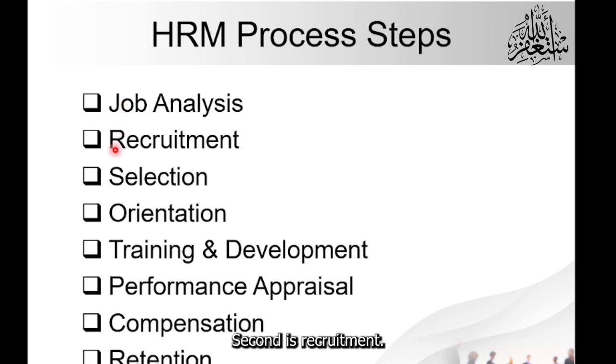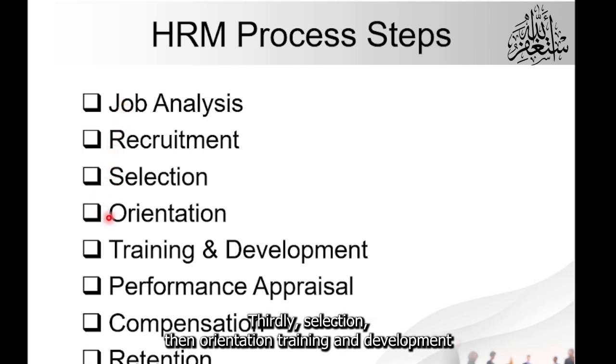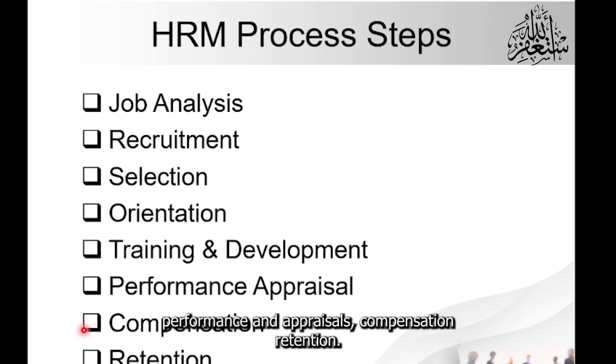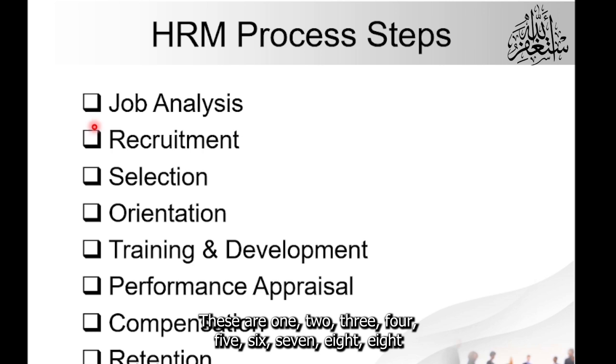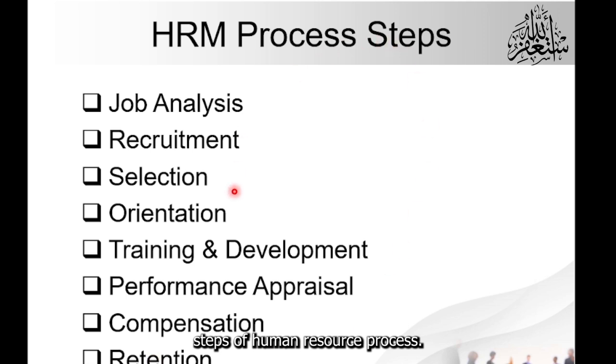Second is recruitment, third is selection, then orientation, training and development, performance appraisals, compensation, and retention. These are the eight steps of the human resource process.